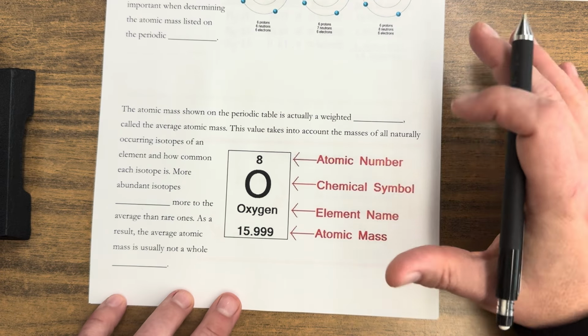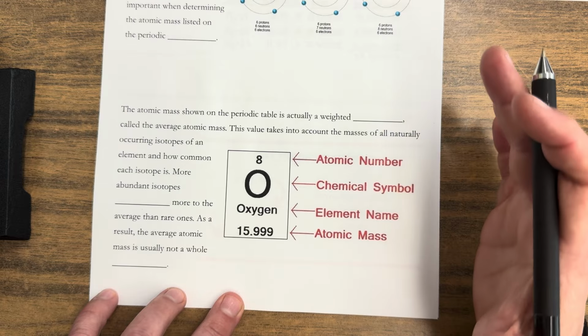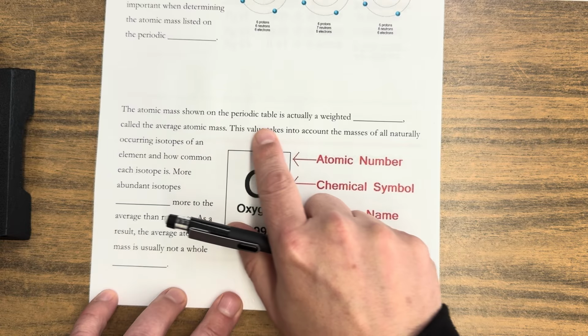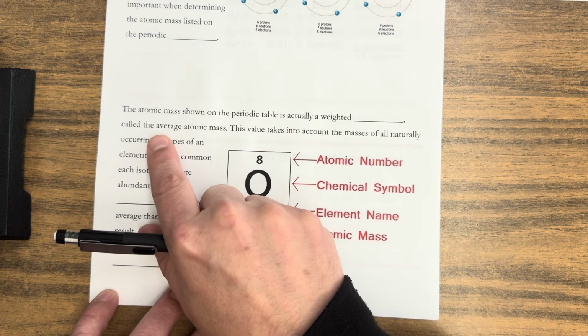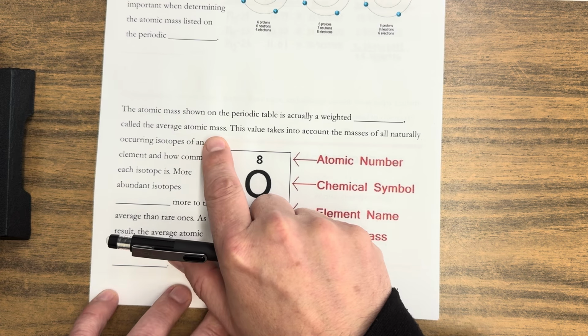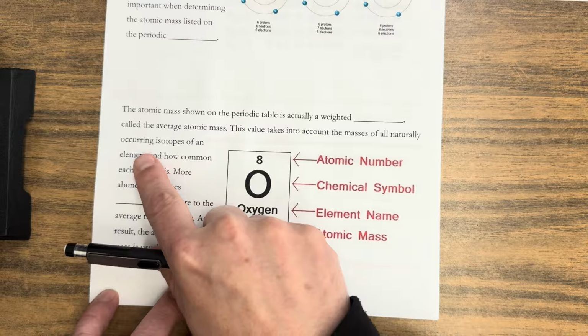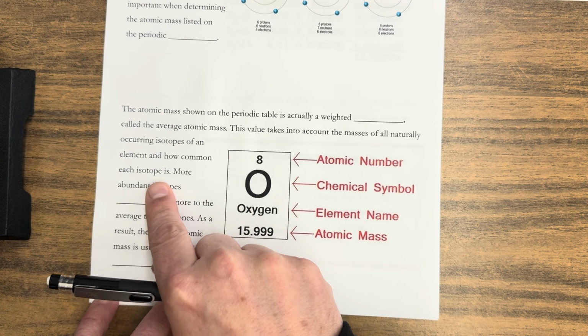Now, we haven't covered the periodic table yet, but we're getting there and we're learning some of the symbols and abbreviations that we're going to see on the periodic table. The atomic mass shown on the periodic table is actually a weighted average called the average atomic mass. This value takes into account the masses of all naturally occurring isotopes of an element and how common each isotope is.